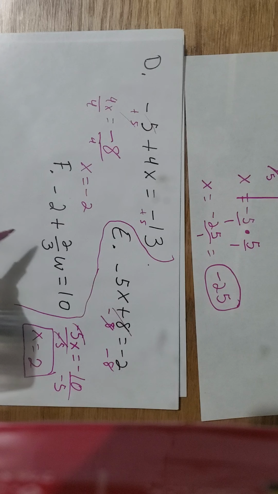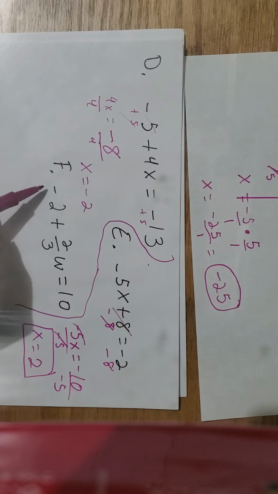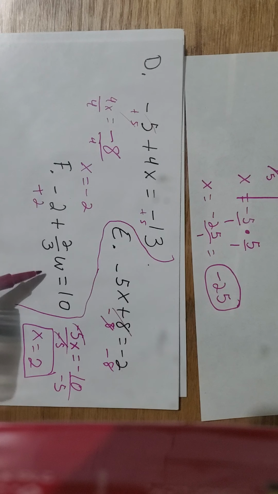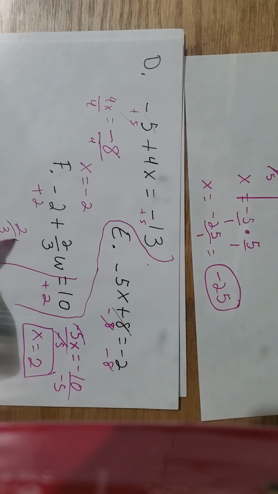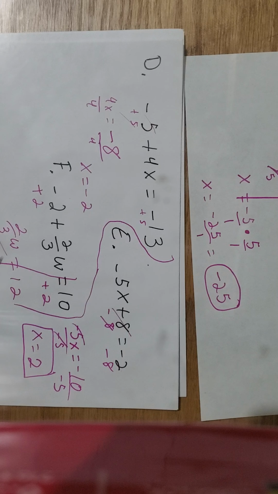Okay, for F. You have -2, because we cannot work on this yet until we do PEMDAS backwards. The first one is subtraction/addition. The opposite of -2 is +2. So +2, leaving you with 2 over 3w equals 10 plus 2. 10 plus 2 is just 12. And then you divide by 2/3. When you do this, remember you keep, change, and flip.